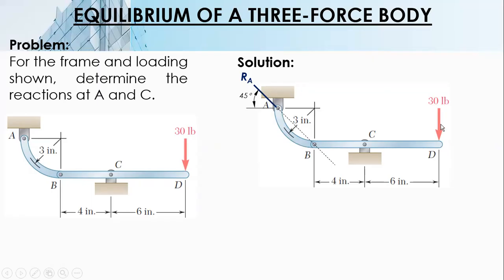So, i-extend na to ang RA. Extend, and then extend on. Diri sa mo agi ang reaction sa C. Diri man ang point of intersection sa duha. So, ang reaction sa C, diri sa mo agi. Okay. Mo din mo RA.